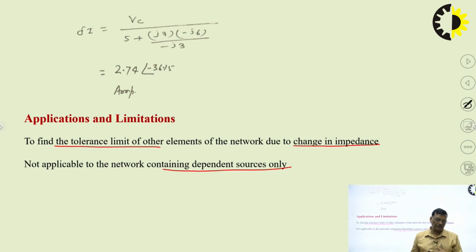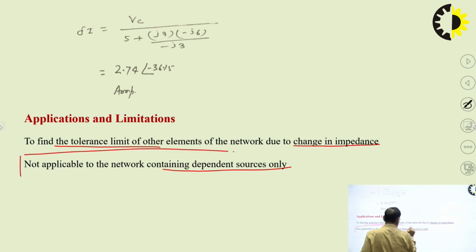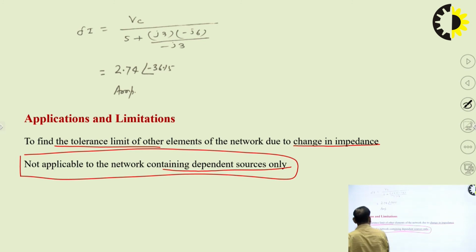If there are no independent sources in the network, who will provide the necessary energy to these sources? So we cannot apply the compensation theorem if the network contains only dependent sources.